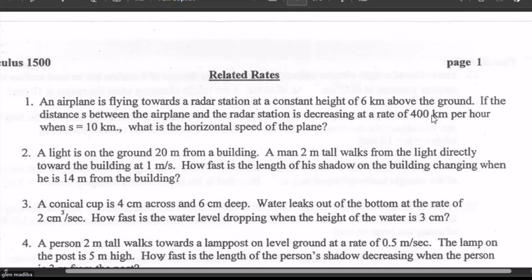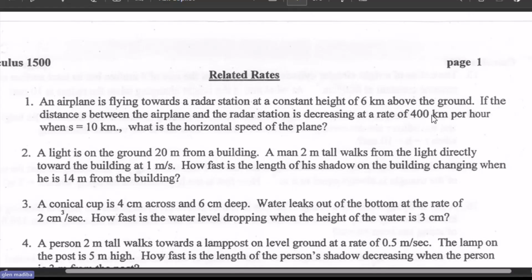But when I read it in the question, I thought S was referring to the x-axis's distance. I think I was confused by the question asking what is the horizontal speed. So S, like you've been saying, is referring to the distance of the plane descending. S, yes. S is referring to that distance.